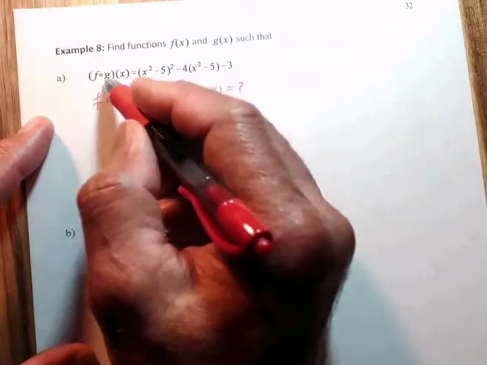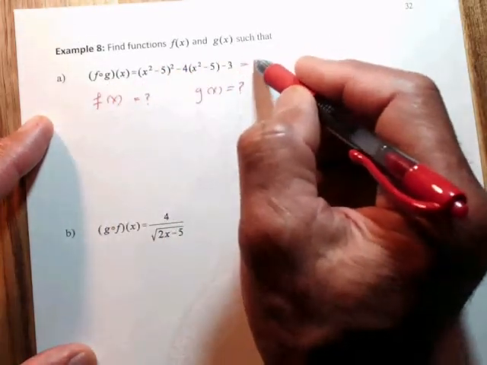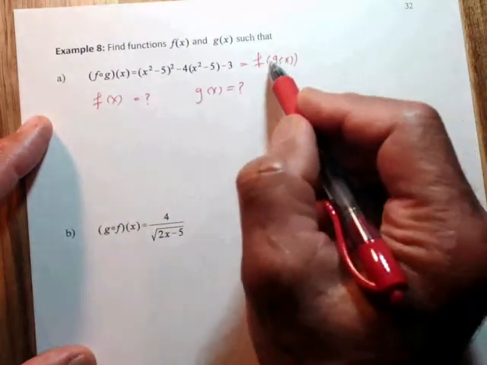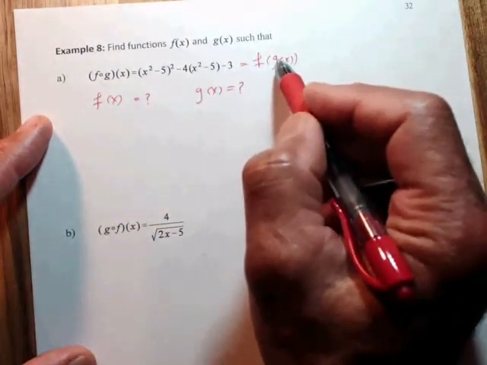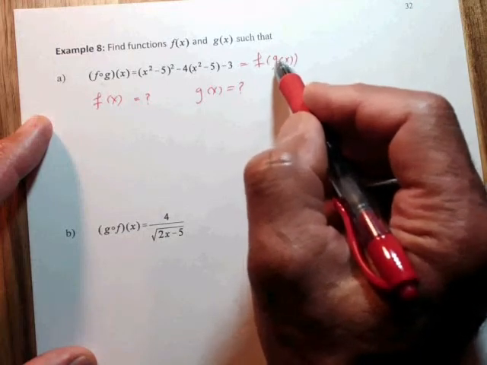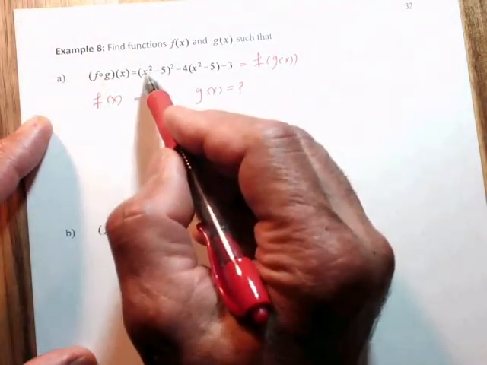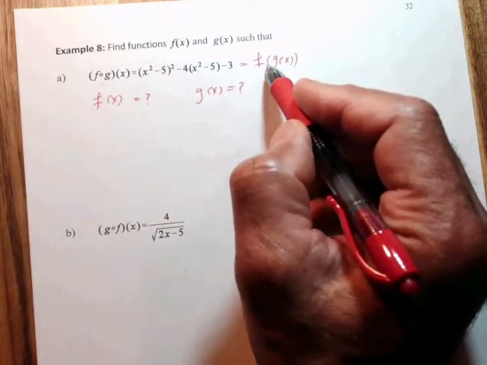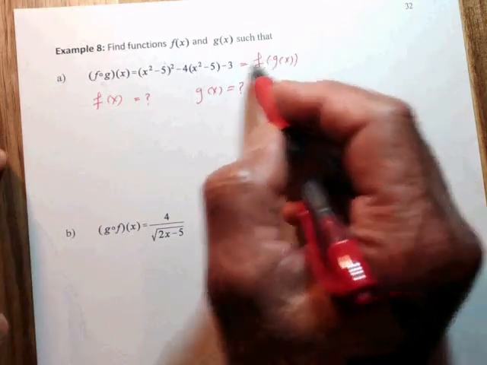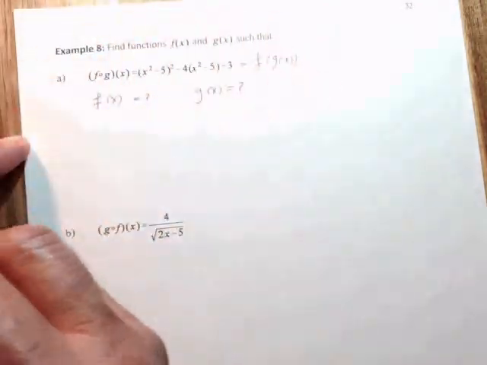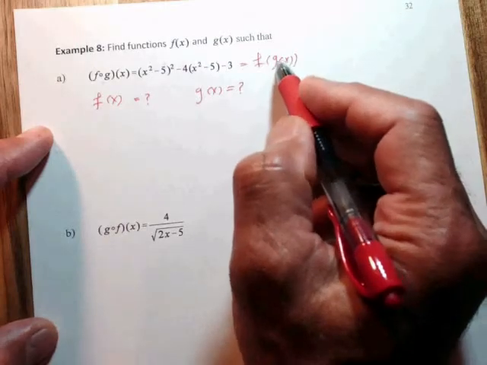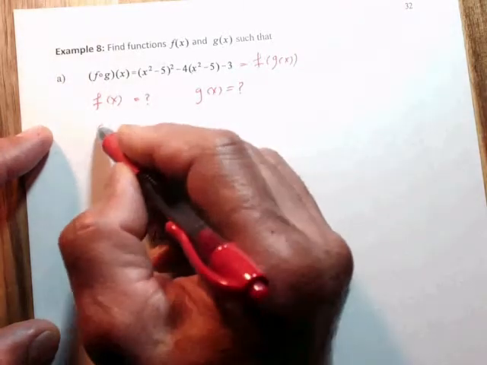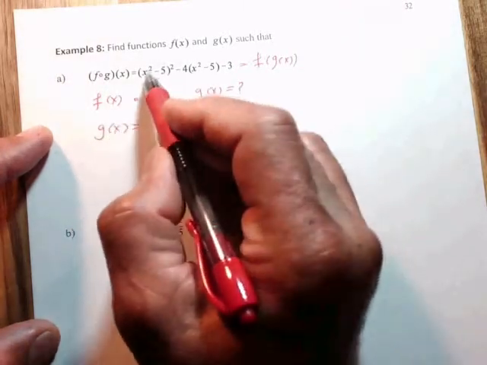Well, of course, f circle g at x is the same thing as f of g of x. That means that there is a g of x that has been replaced for all the x's in f. So if you have an f and you have replaced all the x's by g of x, this is what you get. So what do you think that g of x is that you have replaced all the x's by? So I put g of x to be x squared minus 5.